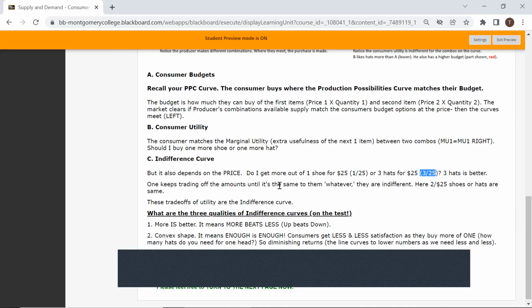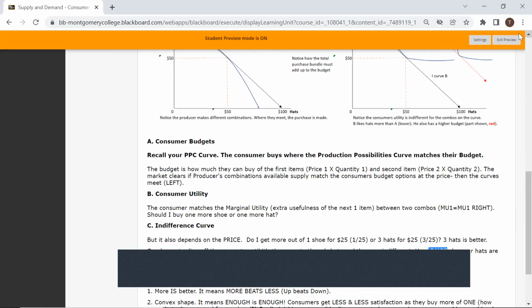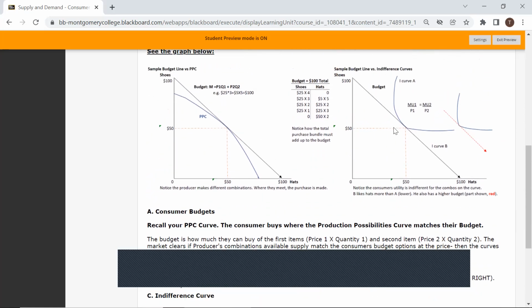So one keeps trading off amounts until it's the same to them. Whatever, they are indifferent. Here, 2 over 25 for shoes or hats is going to give you the same utility. So if you get 2 units of utility for 25 here, and 2 units of utility for 25 here, then this is the point that you're going to buy, and 2 at 25 is 50 and 2 at 25 is 50.